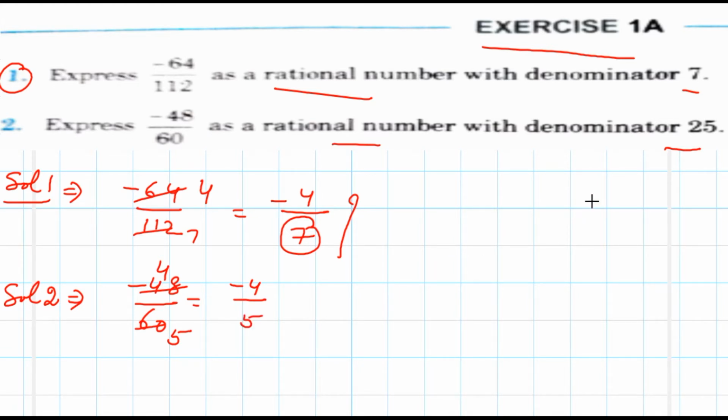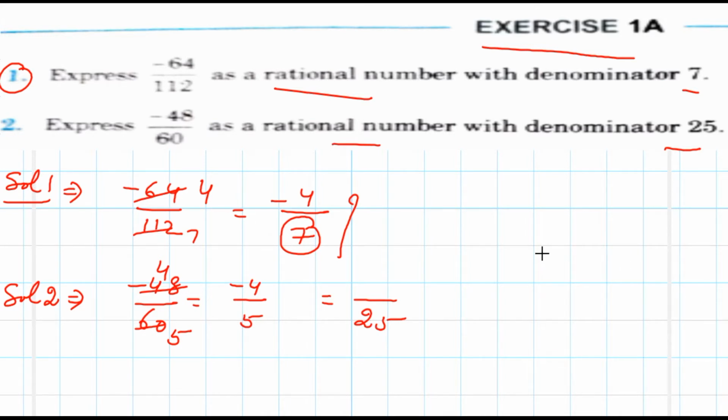Now we have to take this as a rational number with denominator 25. We will write this here. Denominator, we require denominator 25. So how can 5 be converted into 25? We simply divide 25 by 5. Right, students? So 5 5s are 25.